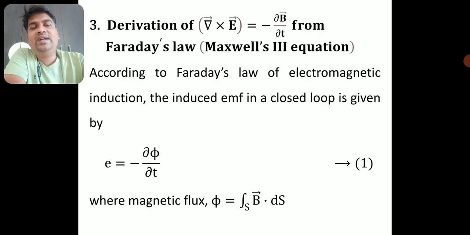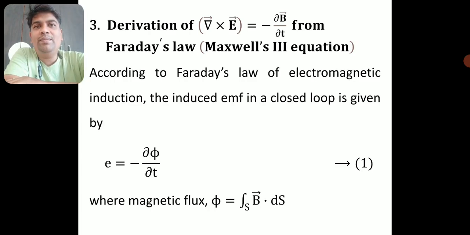It tells you that the direction of the induced EMF opposes the cause for its production. The induced EMF opposes the change in the magnetic flux. This is according to Lenz's law. Lenz's law very clearly gives us the direction of induced EMF, which says that induced EMF opposes the cause for its production.